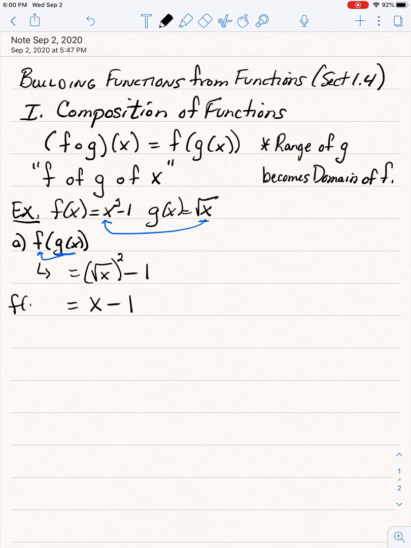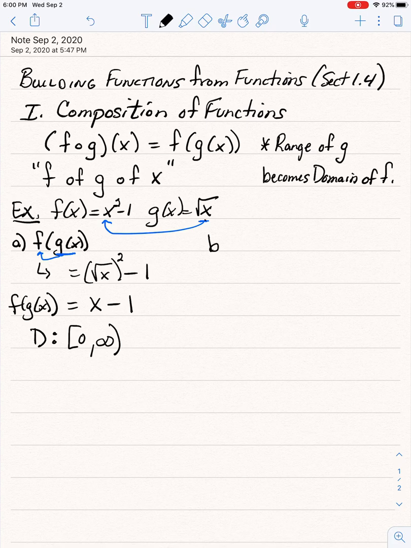That's going to be the value of f of g of x. If we wanted to state the domain, you've got to think about square root of x in this case. The range of that goes from 0 to infinity, and that would take care of our domain.